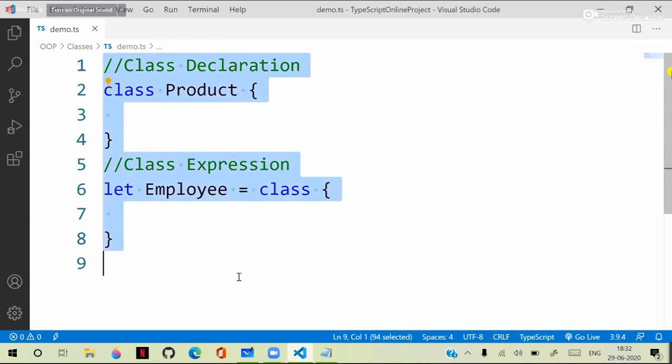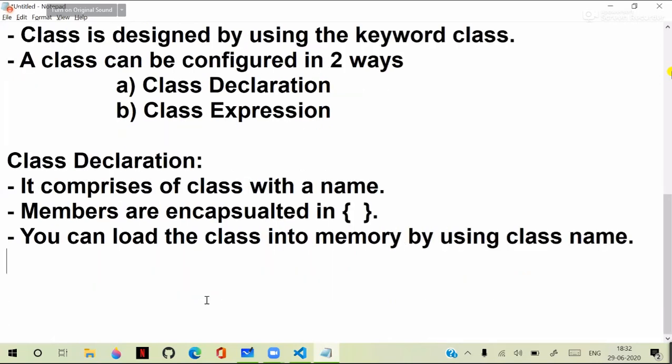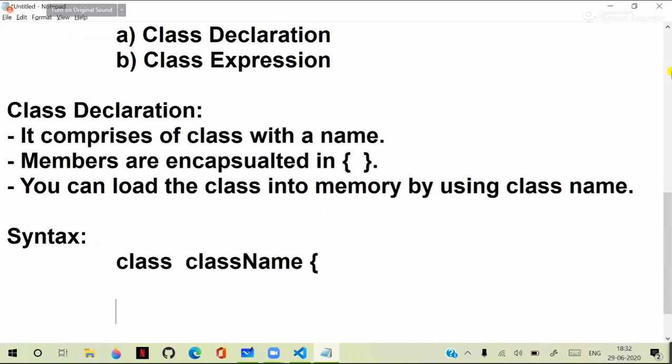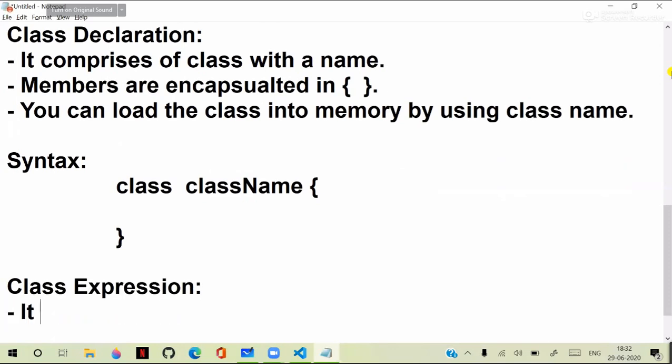That means a class can be defined in two ways. Class declaration comprises a class name, and the syntax usually is class, class name, and its members you need to configure. We will have a class expression, and it comprises a class without a name.